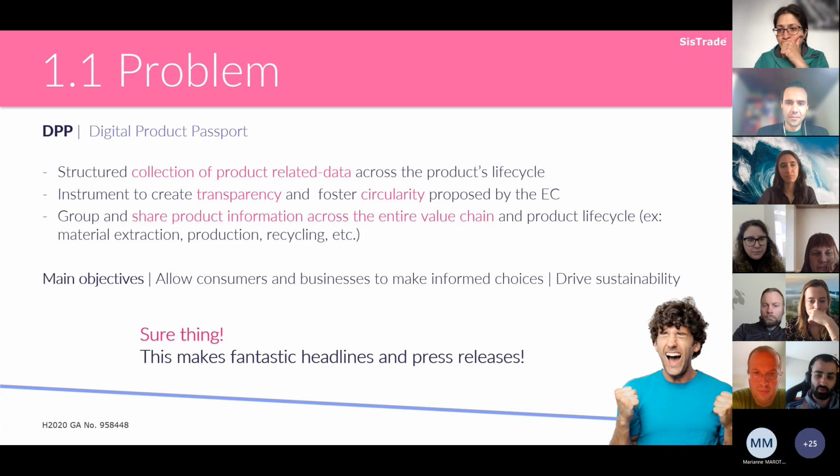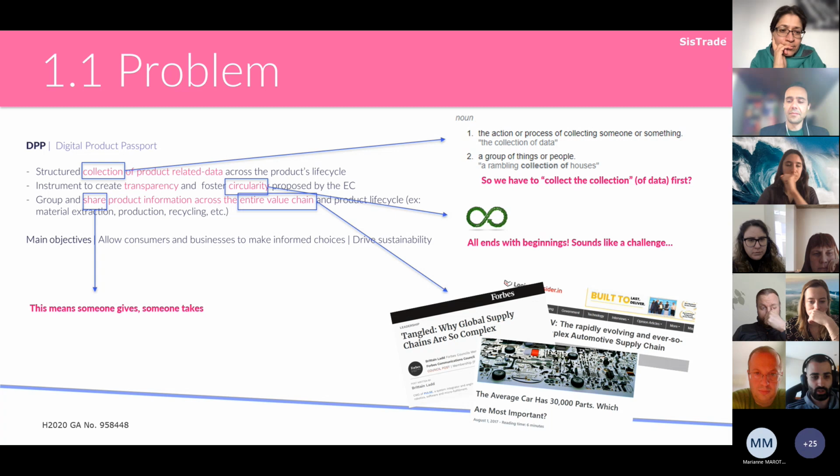We have encountered some problems with the DPP definition. The first problem that we encountered was the collection. If we look at the definition of collection in the dictionary, it says that it is the action or process of collecting someone or something, or a group of things or people.